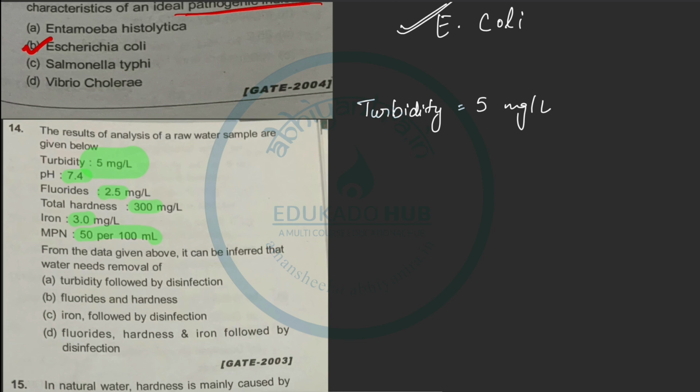Okay. Now we have to check what is needed to be removed. So from the data given above, it can be inferred that water needs removal of what. What are in the safe limit and what should be removed.